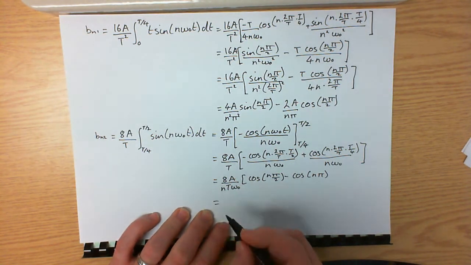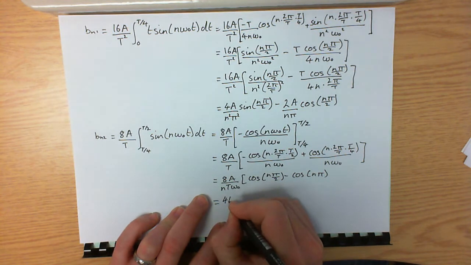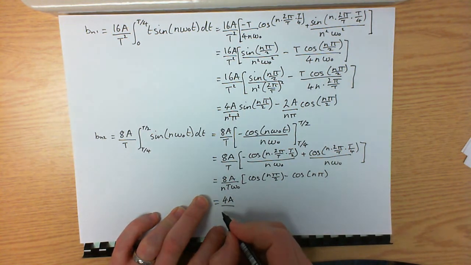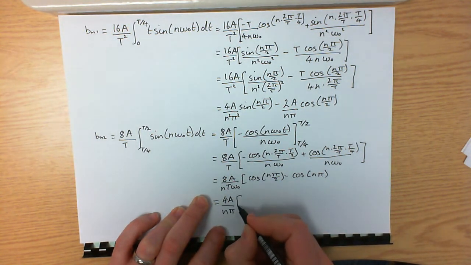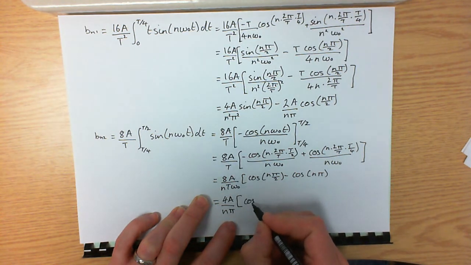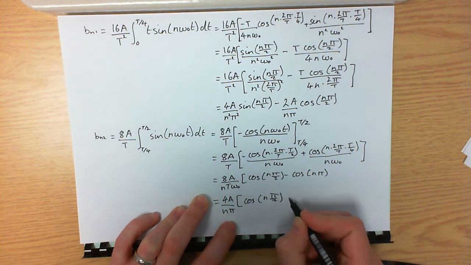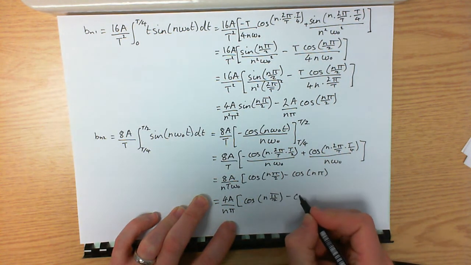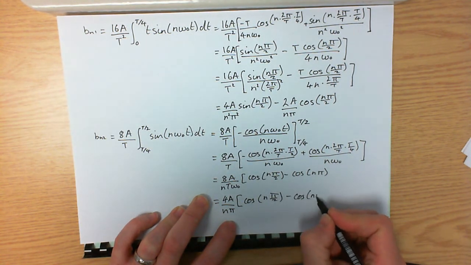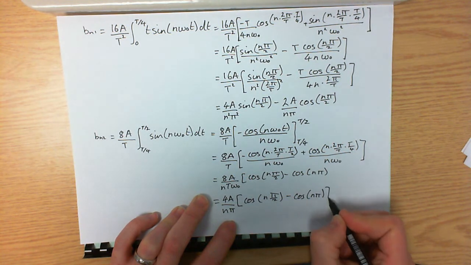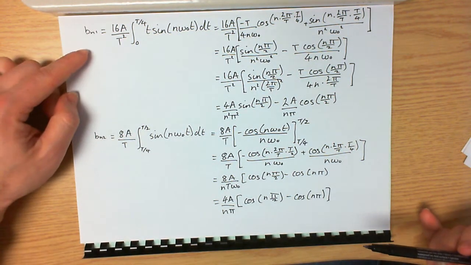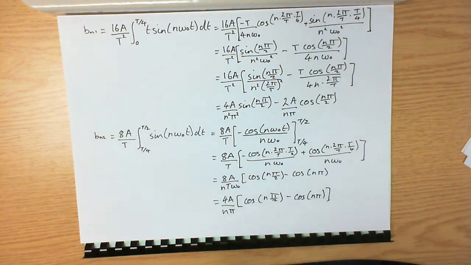And what do we get then? Well, if we get the whole thing, we've got 4a over n pi times cos n pi by 2 minus cos of n pi. So now we've worked out bn1 and bn2.